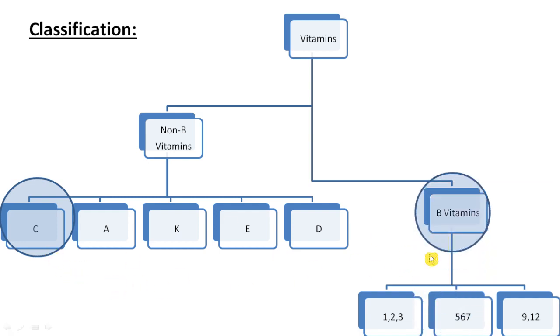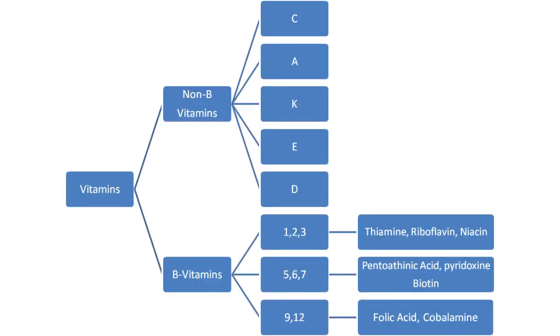These are your water soluble vitamins, whereas vitamins A, K, E and D are your fat soluble vitamins. So at the extremes you have water soluble vitamins, and in the middle you have the fat soluble vitamins. Again, the vitamins are divided into the non-B and B vitamins. Non-B is your caked, and B vitamins are 1, 2, 3, 5, 6, 7, 9, 12.